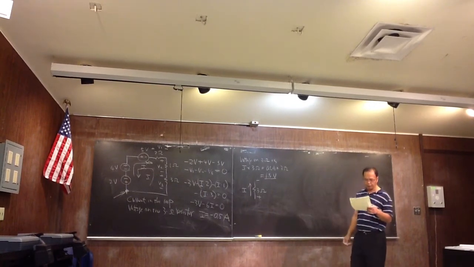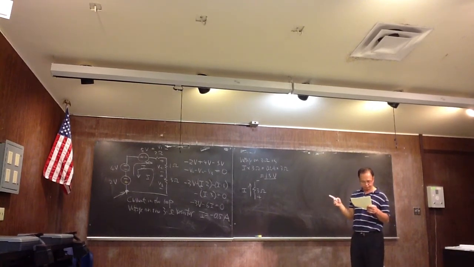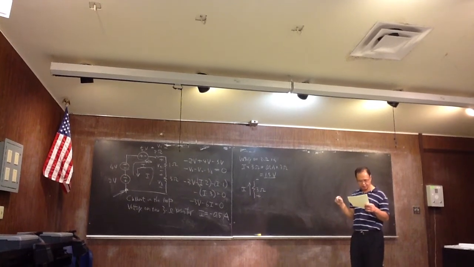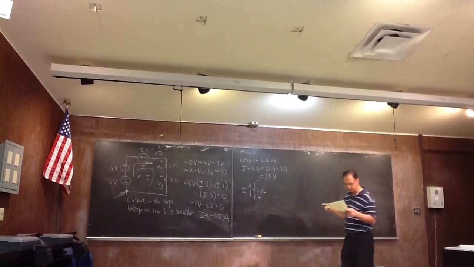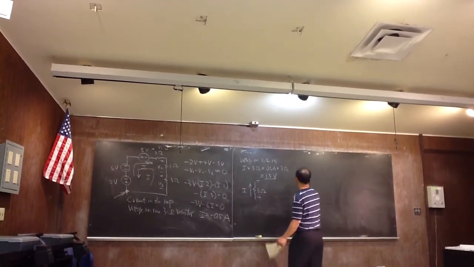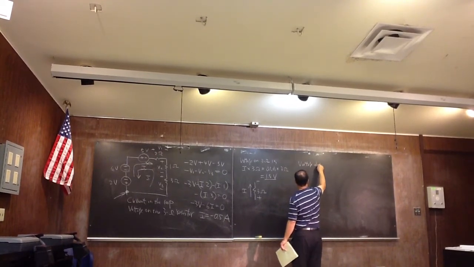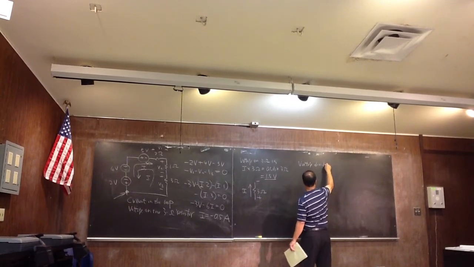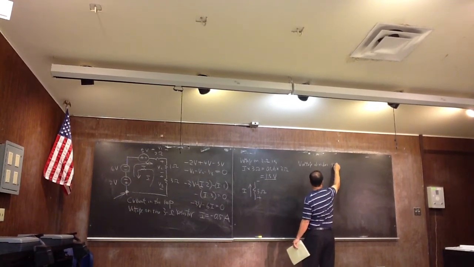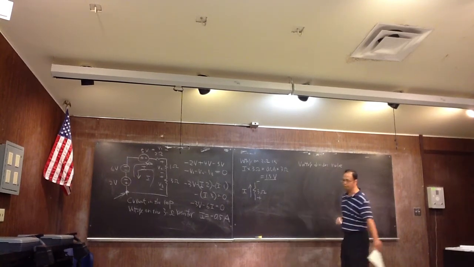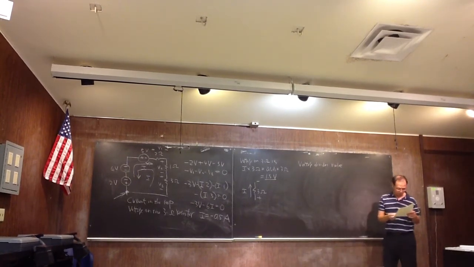Okay, now, based on the KVL, we can derive a rule. That's called the voltage divider rule, and this rule can be quite useful sometimes.